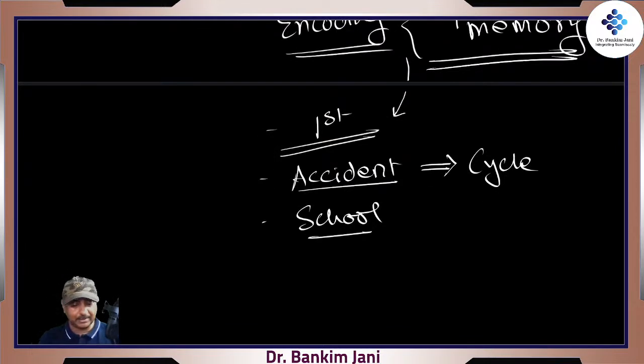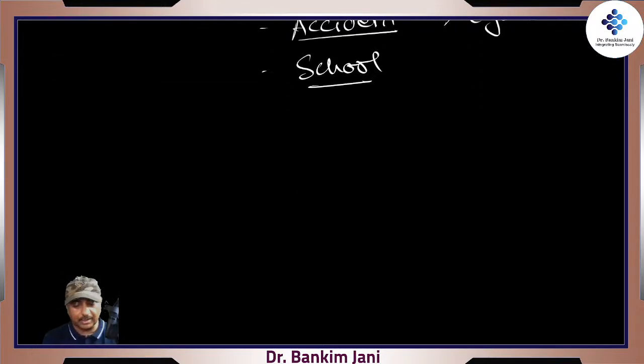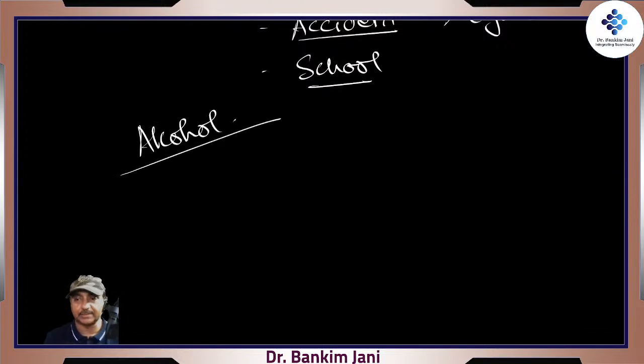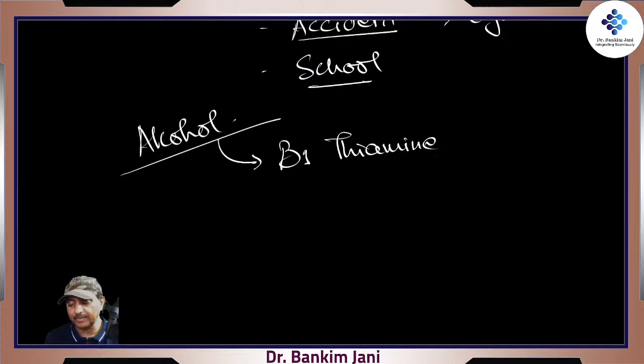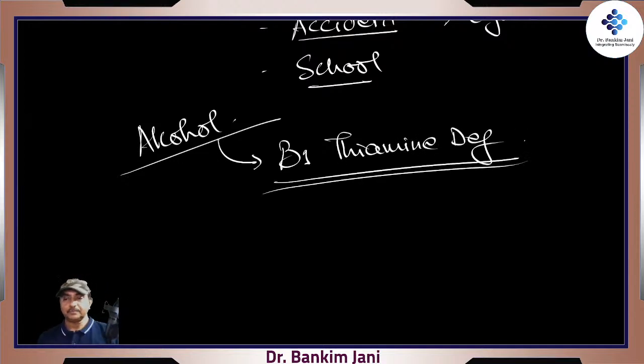This is like, say, those who are chronic alcoholics. Alcohol is so dangerous because it will lead to B1, that is thiamine deficiency, and that's where the memory is affected.